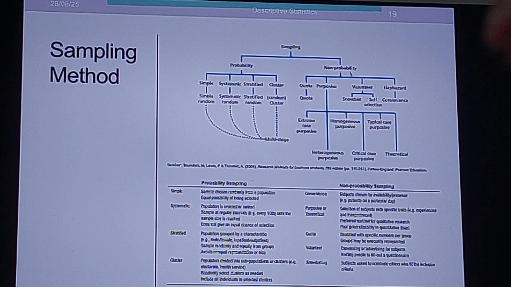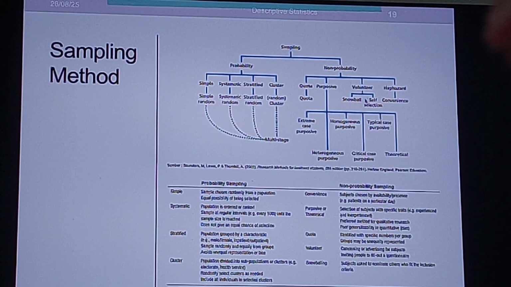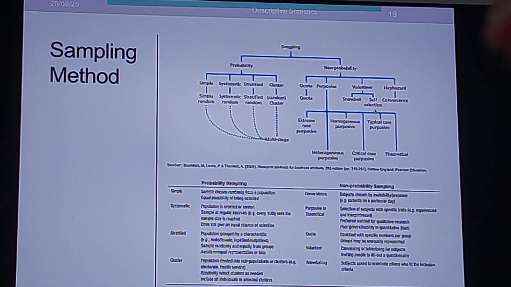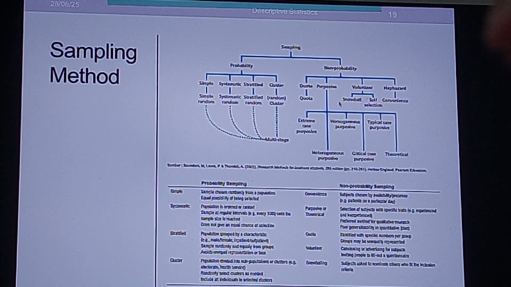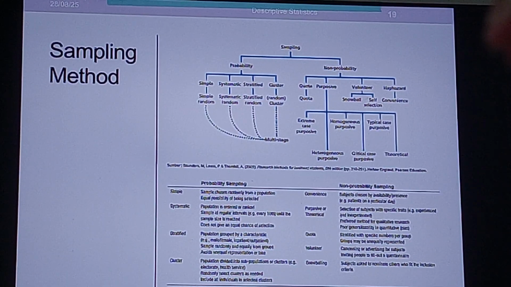And also for non-probability, if we get the respondents voluntarily, usually we spread our questionnaire and someone will contact us voluntarily. It is called snowball or self-selection. Snowball means that, for example, I distribute the information to Ahmed because Ahmed is the chair for this class.